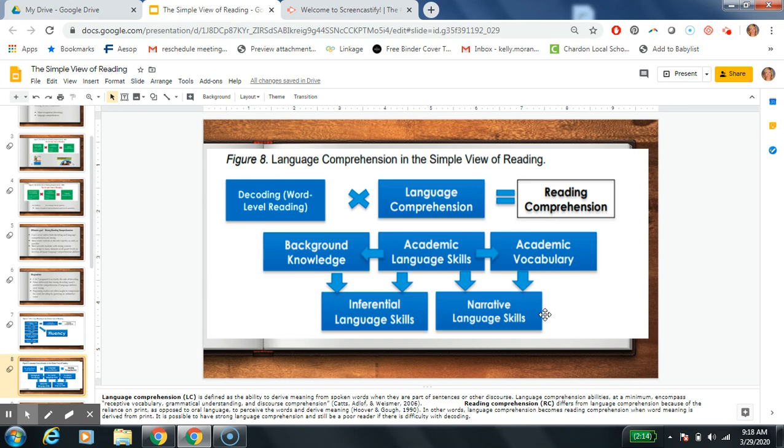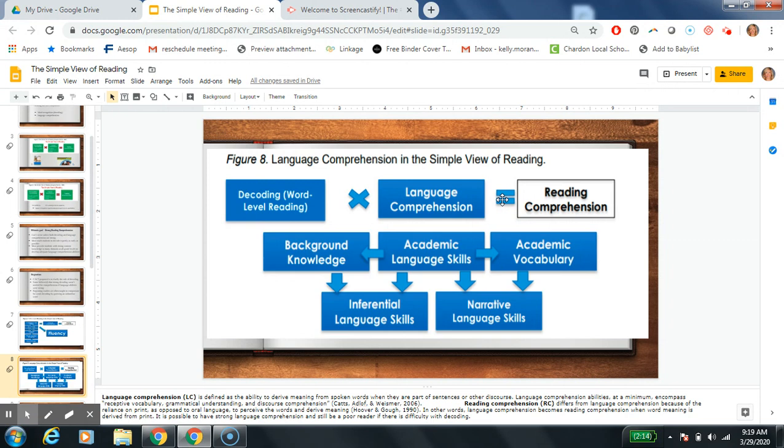So language comprehension is defined as the ability to derive meaning from spoken words when they are part of sentences or other discourse. Language comprehension abilities at a minimum encompass receptive vocabulary, grammatical understanding, and discourse comprehension. Reading comprehension is different from language comprehension because of the reliance on print as opposed to oral language to perceive the words and derive meaning.